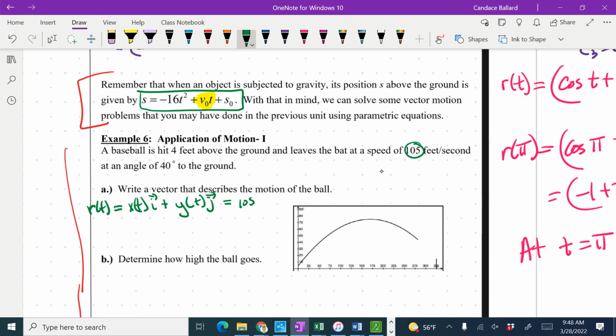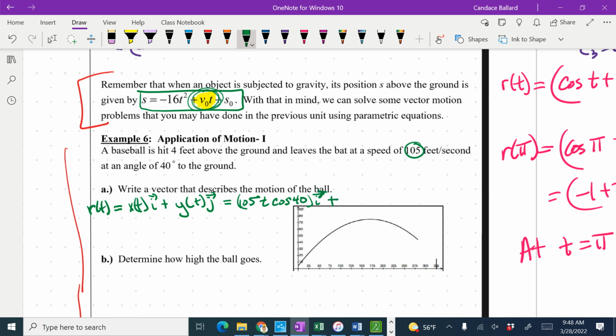Then we multiply by the cosine of our angle, which is 40, and then we multiply by t, because of the t from here. And that's our i component.